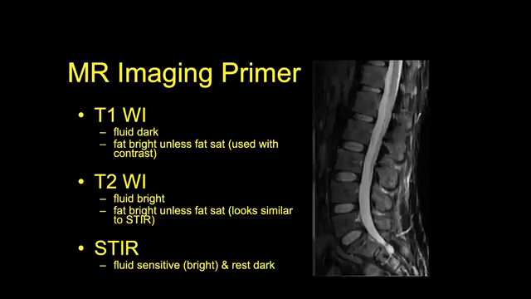And then in terms of improving fluid conspicuity, doing a fat suppressed sequence like a STIR, which is a combination of T1 and T2, fluid tends to be especially bright. It allows you, again, to pick up some of these other pathologies, and I really feel it's a mandatory part of any imaging protocol that you use in the spine.